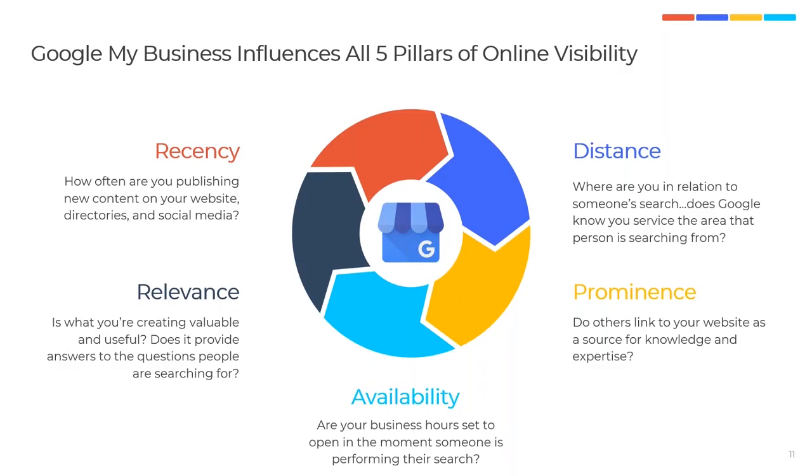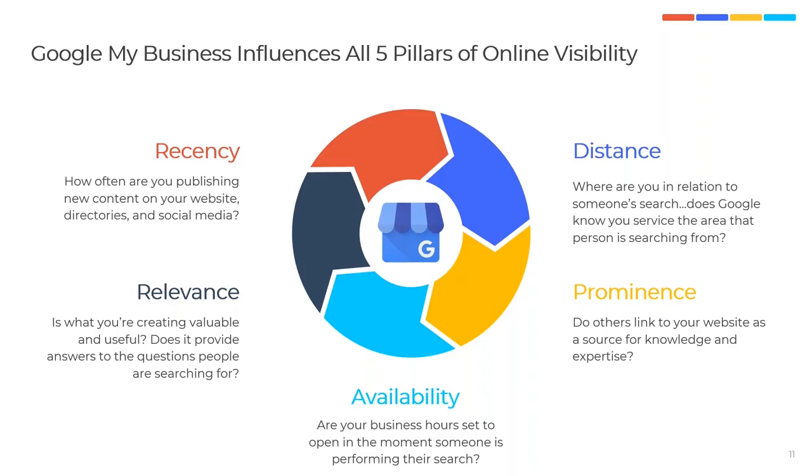And so Google has basically set the stage for 5 main pillars of what it means to be optimized online and how your Google My Business profile can help influence how people find you on the internet.